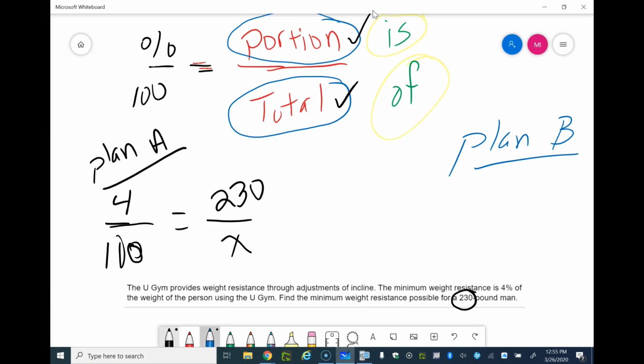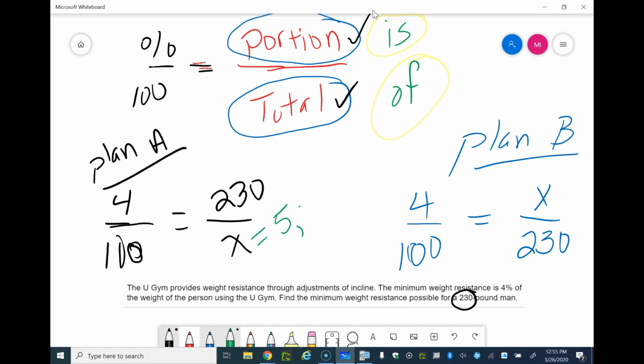Then we're going to come over here and write our proportion again, and this time we're going to place it in the total spot. When we work the math for both of these problems, and just for time's sake, I already have it worked out. When we put it on the bottom as a total, our x is equal to 5,750.